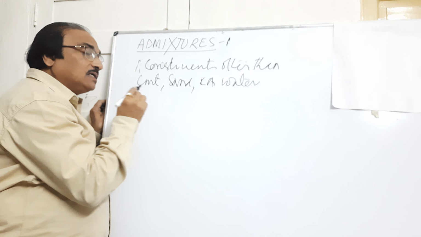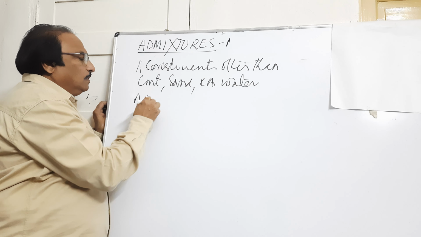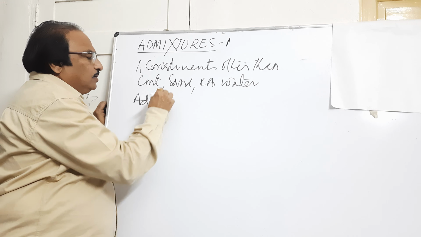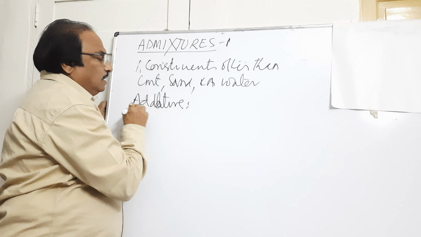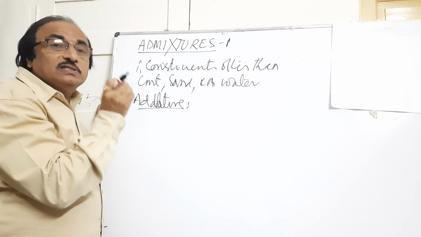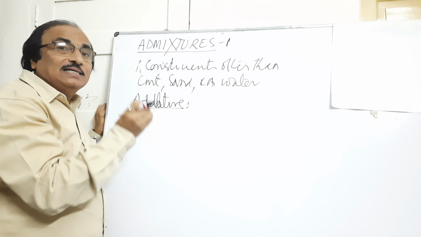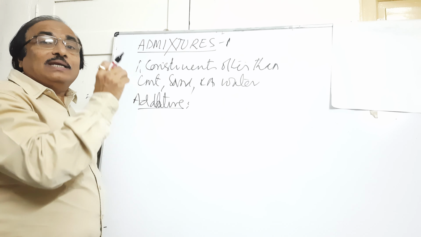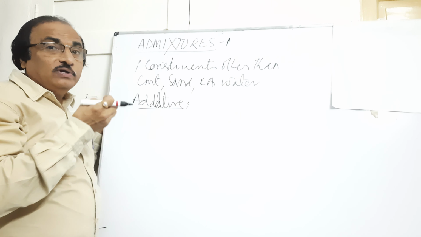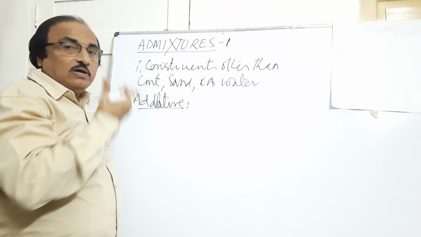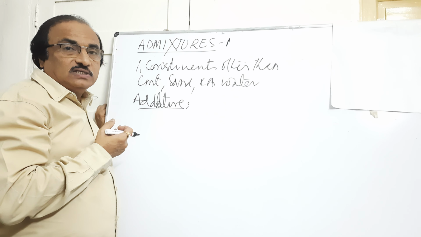We come across another term known as additive. Additive is the constituent or the material that is added while grinding the cement. So we change the property of cement also. We have seen the flowchart for the manufacturing of cement.